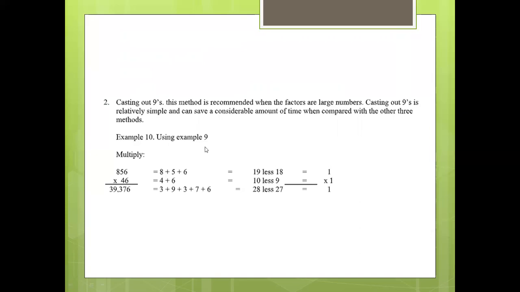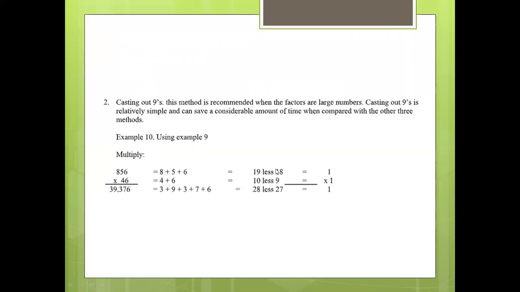So we'll be using example number 9 again. 856 is our multiplicand and 46 is our multiplier. And the product that we had is 39,376. So let's add all the digits. 8 plus 5 plus 6 is 19. 4 plus 6 is equal to 10. 3 plus 9 plus 3 plus 7 plus 6 is equal to 28.